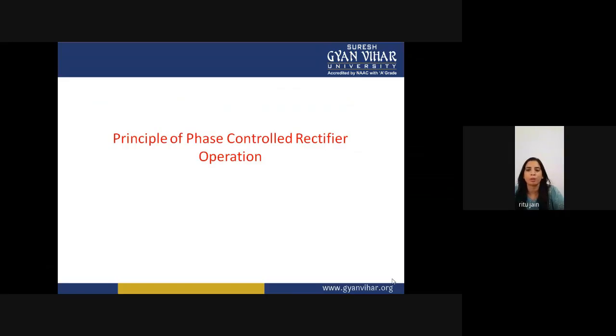I have already discussed in our last lectures that if you are using the word controlled in power electronics, you are using a controlled device which can be controlled by its gate terminal or by its voltage or current. Okay, so in the principle of phase controlled rectifier operation, we are using SCR, GTO, or any other components. But generally we use SCR in a phase controlled rectifier.